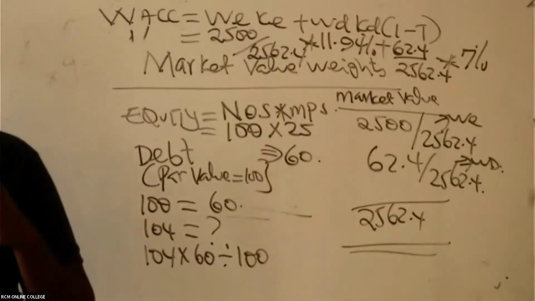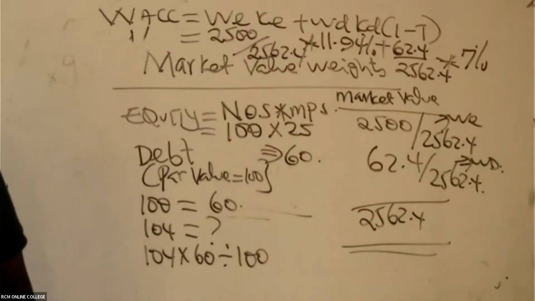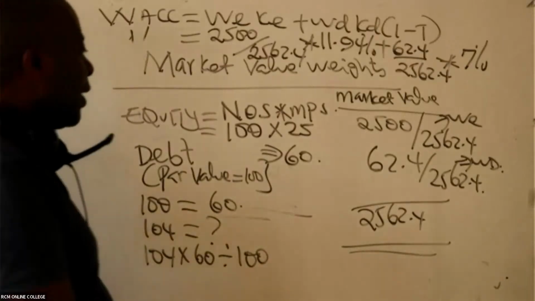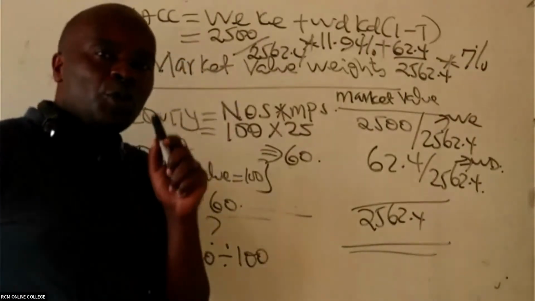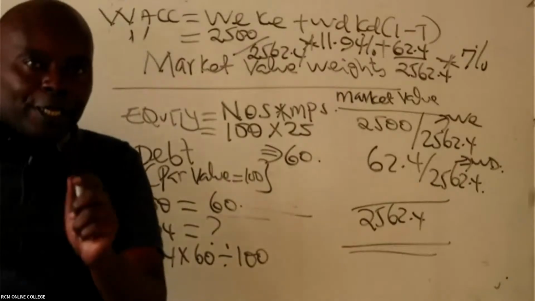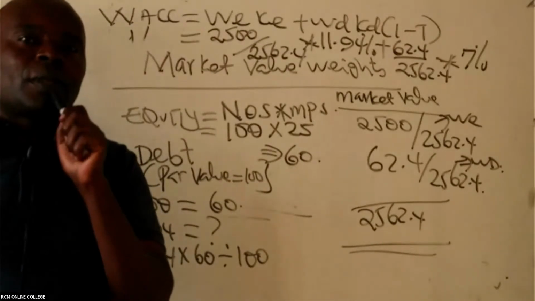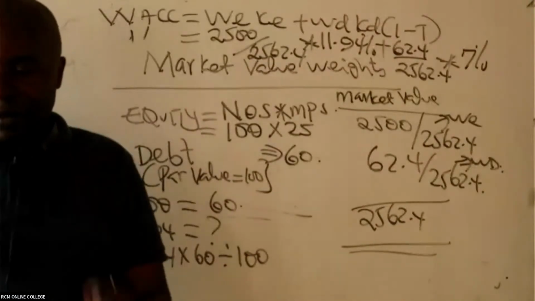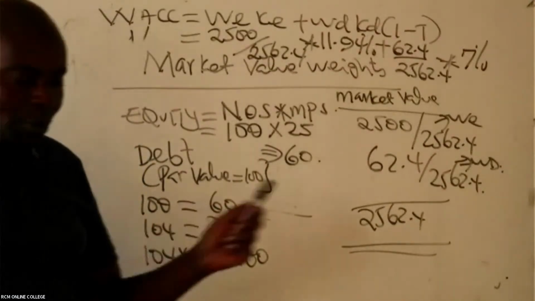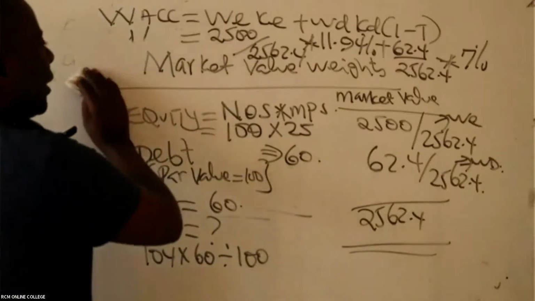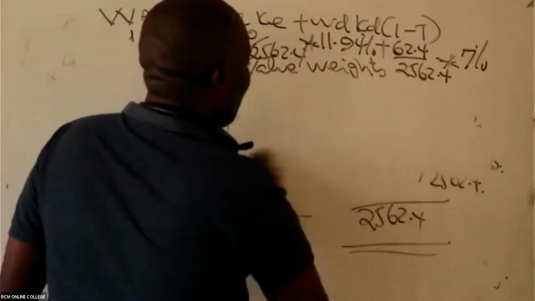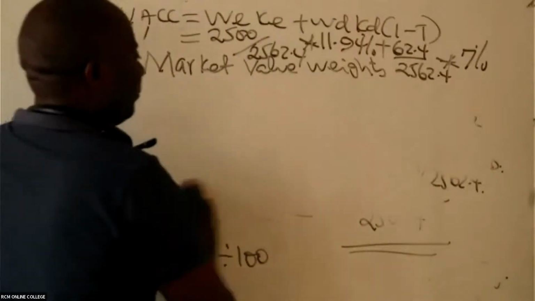Somebody move pretty fast and give me the WACC as I explained. Remember that we don't use book values to get weights. We should always use market values. Before I repeat, are you able, guys, to give me this WACC?